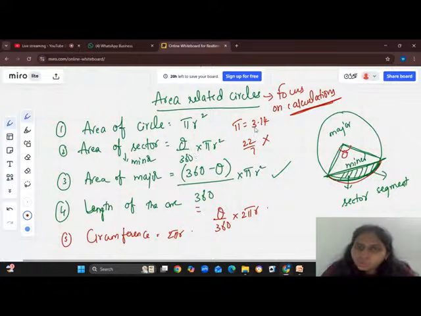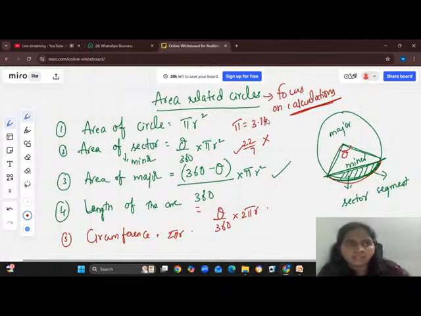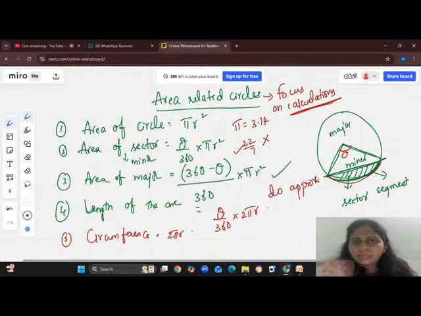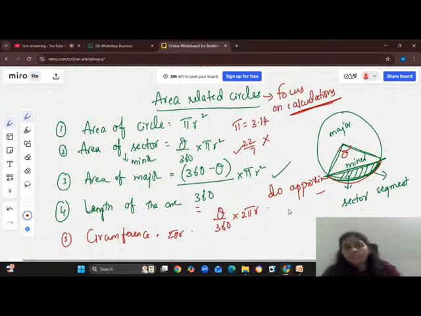If they don't mention it, then go with 22 by 7. This is a very important mistake that most students often make. So focus on your calculation part. Do it approximately. You might not get it exactly, but you can get approximate answers. These are the important formulas, and focus on the word problems.